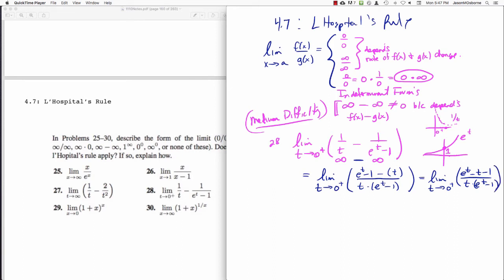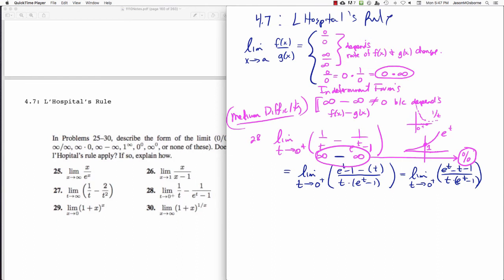That's another way of saying we now have a 0 over 0 indeterminate form. So the infinity minus infinity got converted into a 0 over 0 form, which means the answer depends on the rate of change of e to the t minus 1 minus t and the rate of change of t times e to the t minus 1.